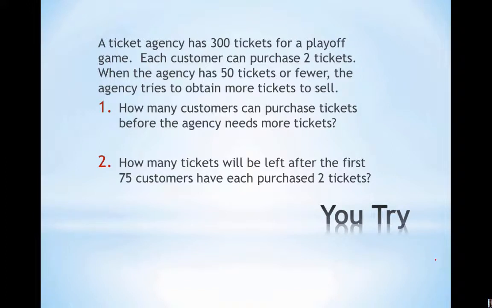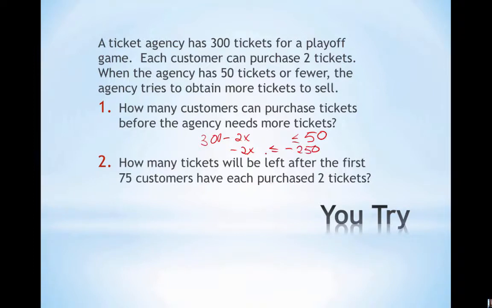Okay, so you know that the maximum number of tickets that you want to cross over the threshold before you order is 50, right? So that's going to be greater than or equal to 300 minus 2x. If I take 300 away from both sides, I have negative 2x on this side and negative 250 on this side.